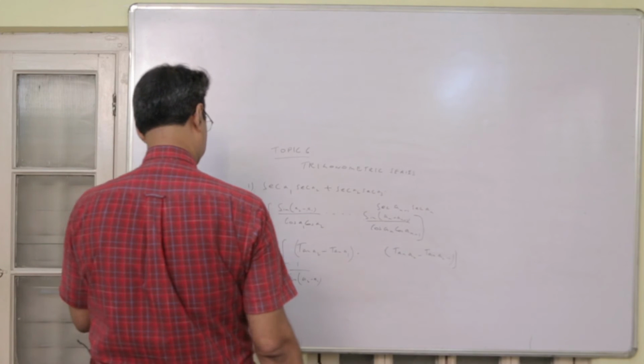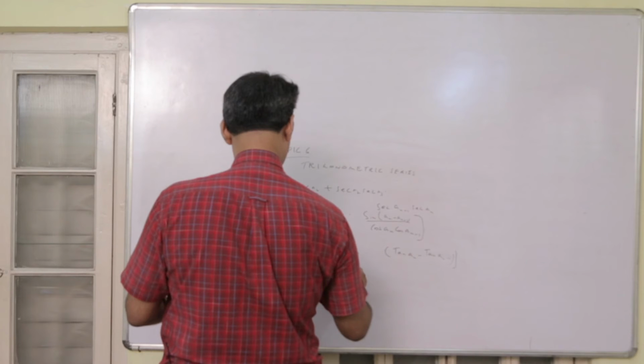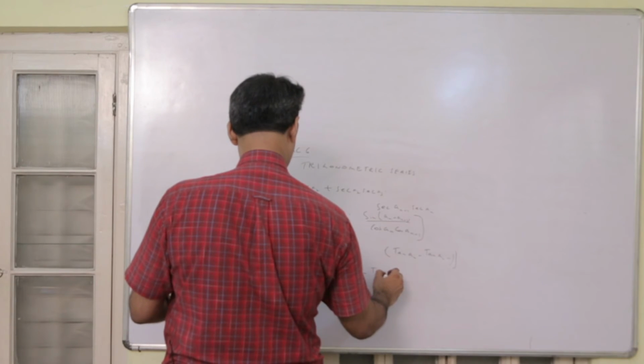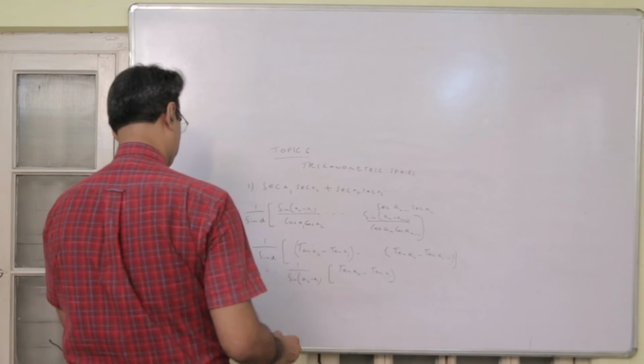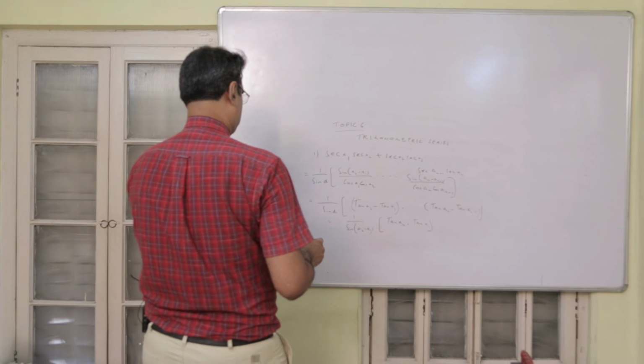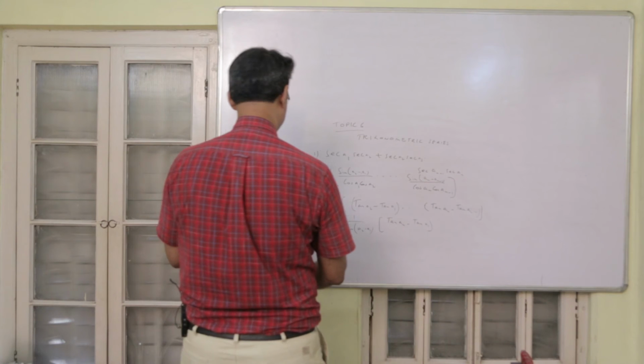So 1 by sin (A2 minus A1) into (tan AN minus tan A1). So this is how we can find out the sum of a series like this.